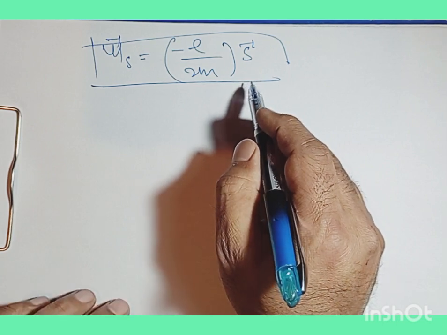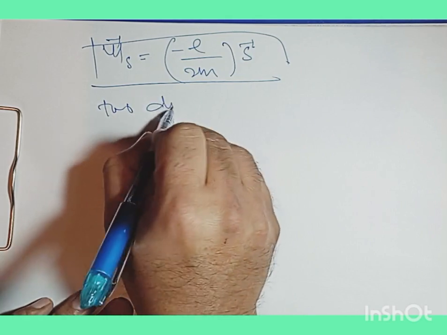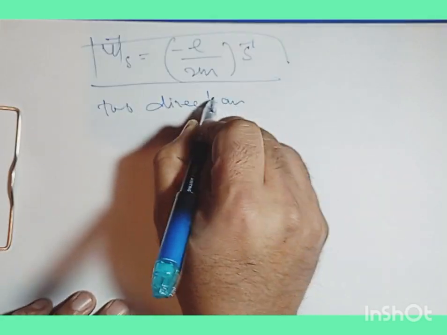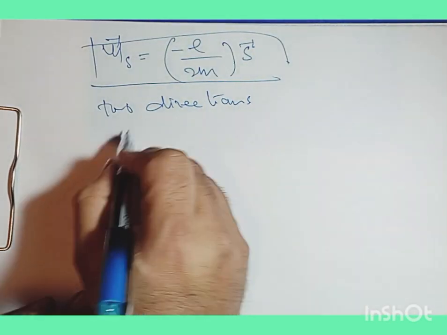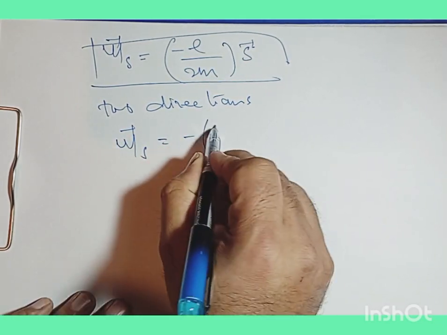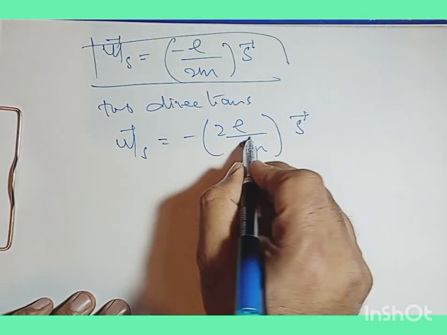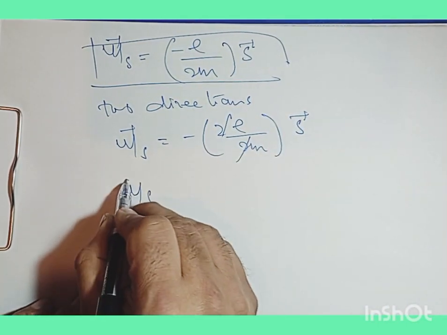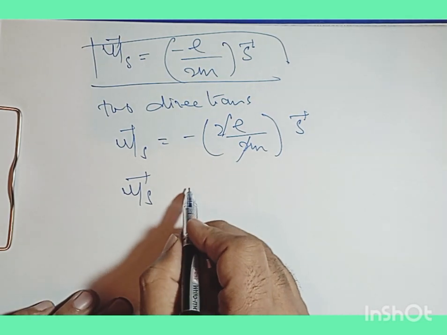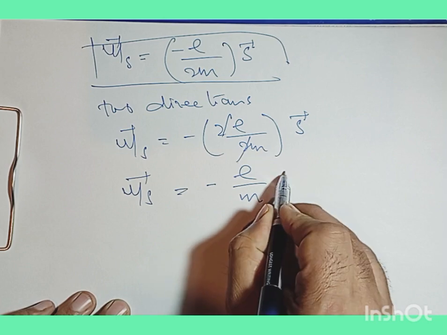But for electron, we have two directions in terms of its spin. So this mu s can be written as minus 2 times e by 2m S vector. This 2 and 2 will cancel, so the spin magnetic moment of the electron is minus e by m S vector.